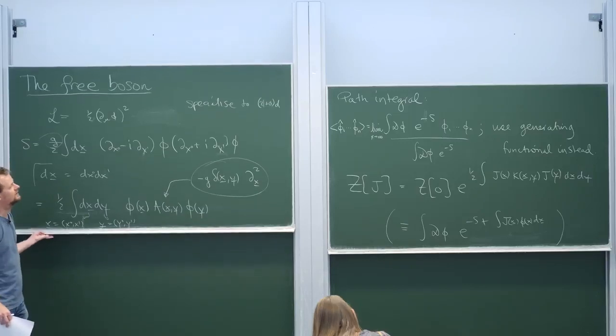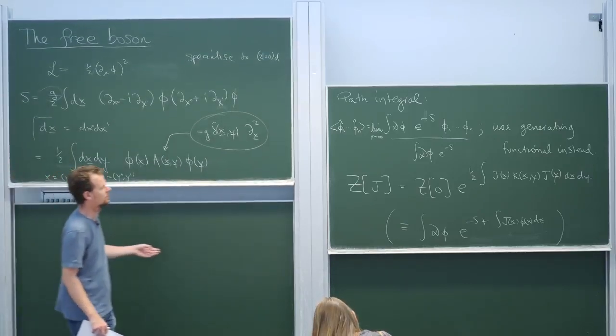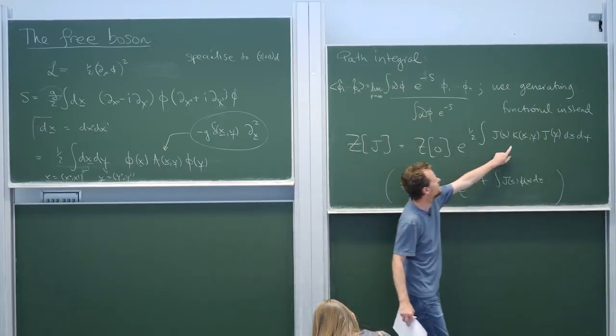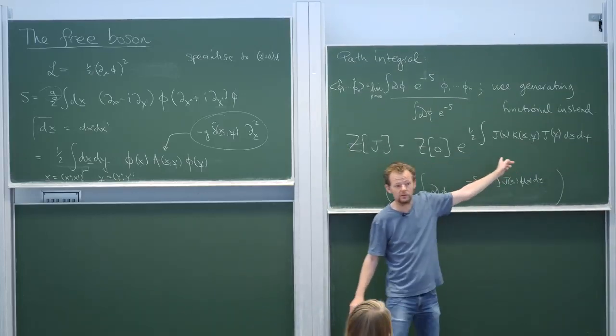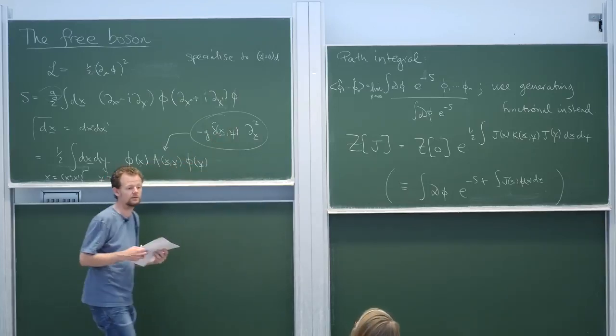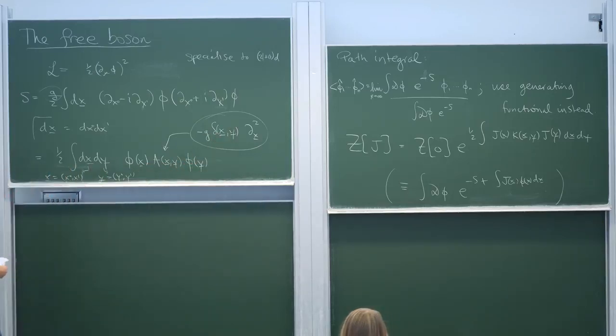Now, because this is quadratic, we can actually work out the generating functional. Here it is. We just need to know what K is. K is the Green's function for this differential operator here. So that's just a little complete the squares trick.